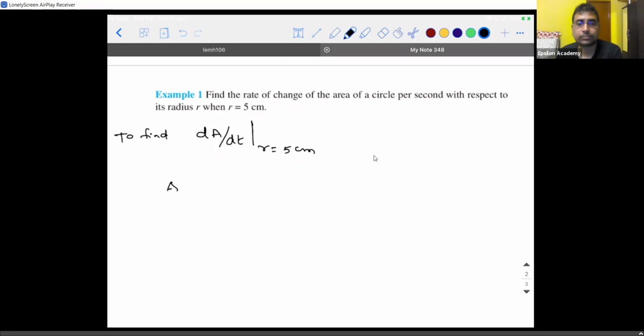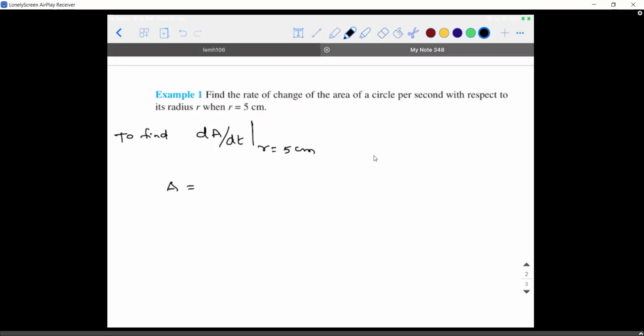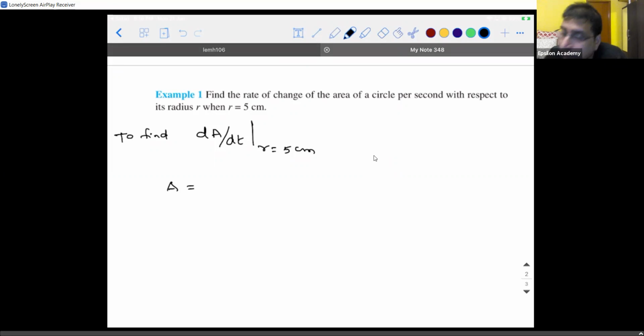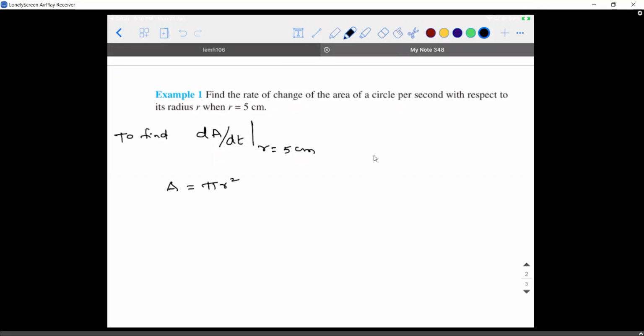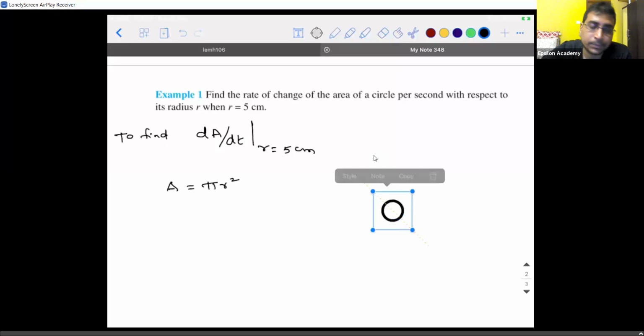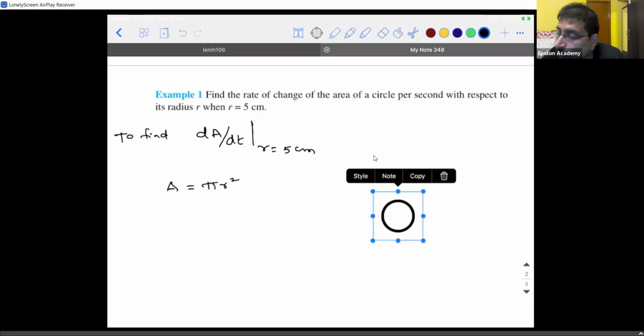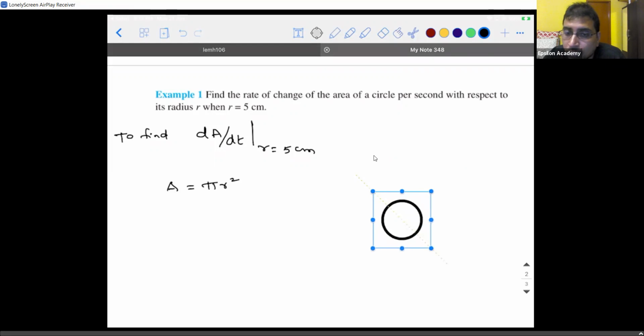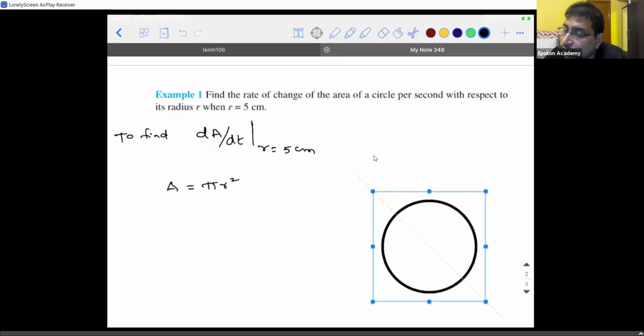So what is the area formula, guys? Pi r square. Area is pi r square. Can I say area is a function of r? Yes, sir. So what they are trying to say here is, I'll make you visualize it. Suppose this is the circle. Let's say its radius is 1 centimeter now, or half centimeter, 2, 3. So what is happening is the area of the circle is continuously increasing.